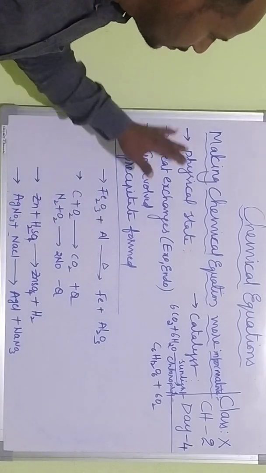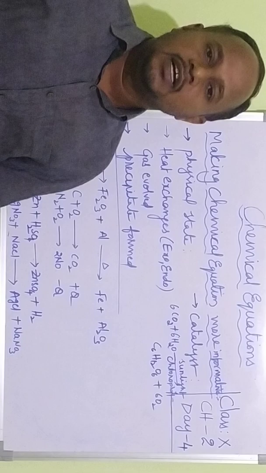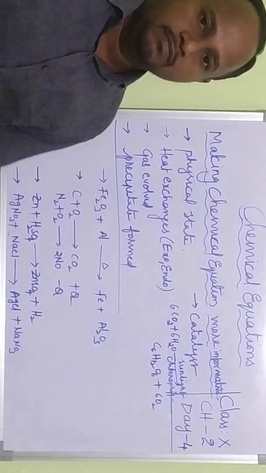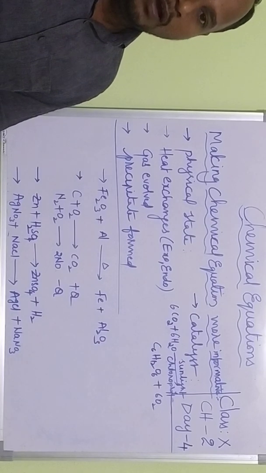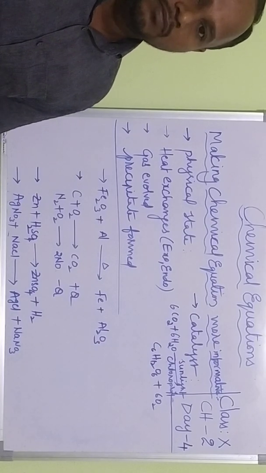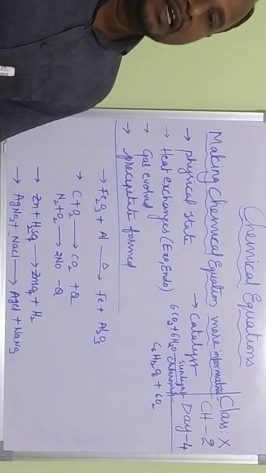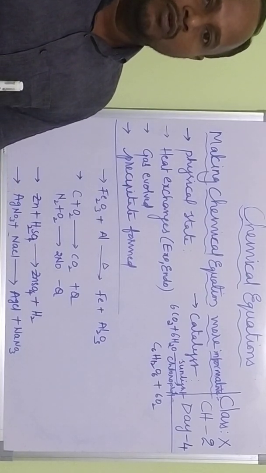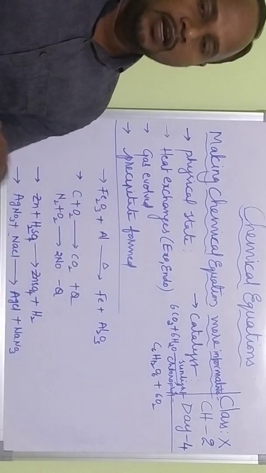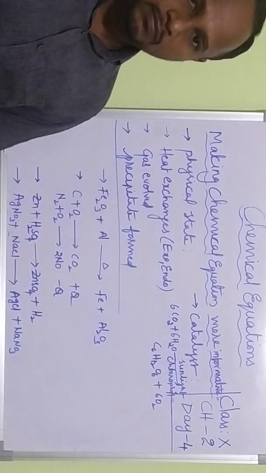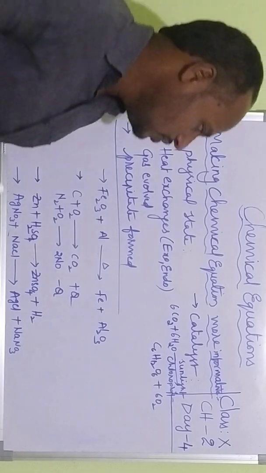Here in this case, physical state. There are a number of chemical equations, and whether a substance is solid or liquid we don't know. If you want to give more interpretation regarding chemical equations, we need to know whether it is a solid substance, liquid substance, gas, or aqueous, by using short notations.